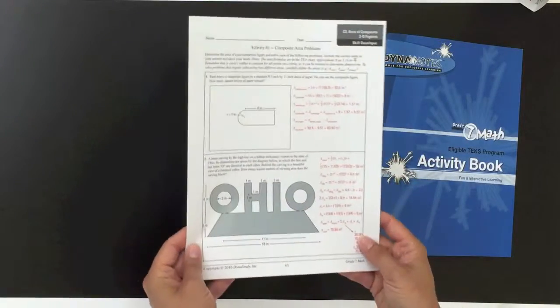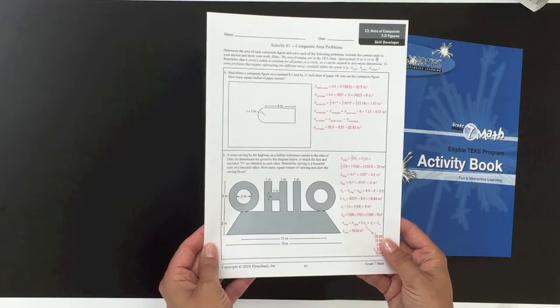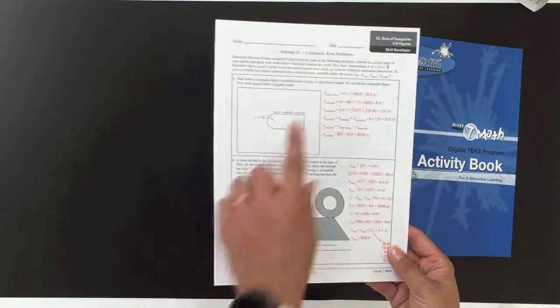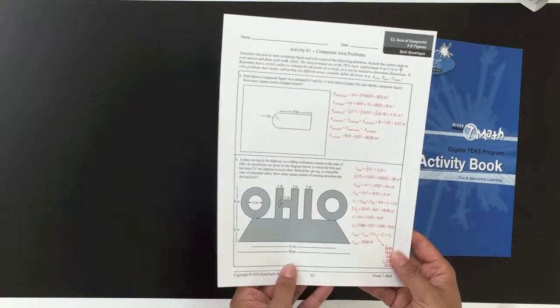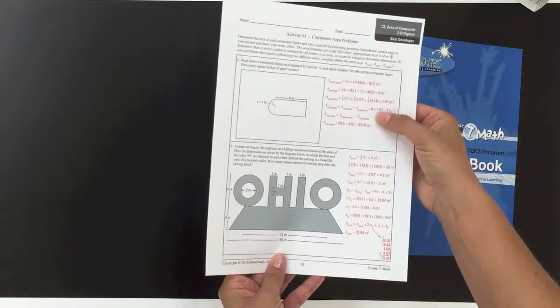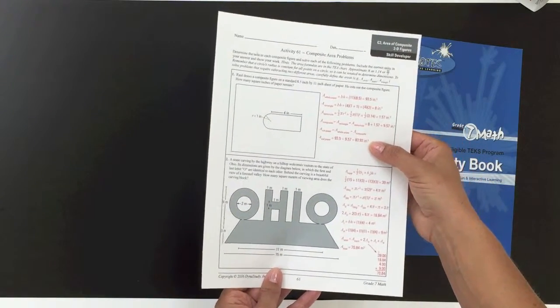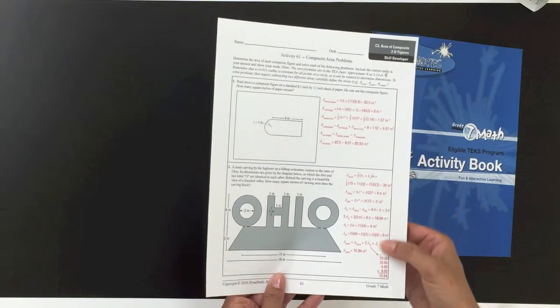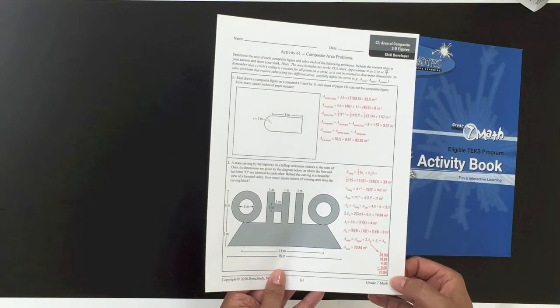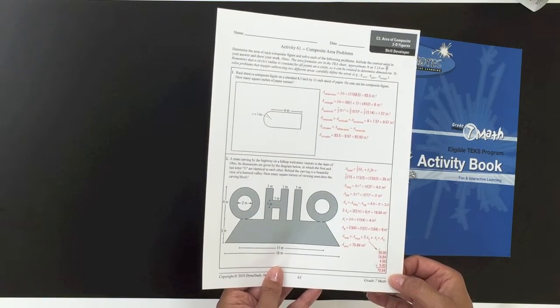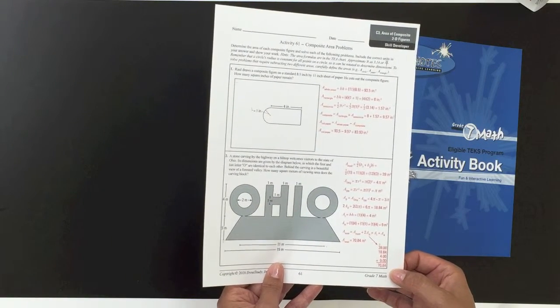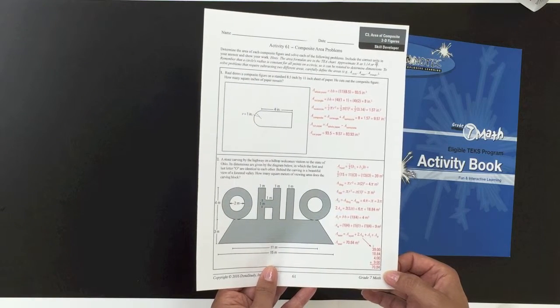You can also print it out, and this is an example of a printed out answer key page for activity 61, composite area problems. And in this case, you can see that the answer key works out the problem line by line with clarity so that the students can hopefully have a resource to help them figure out where they may have made a mistake or perhaps see another way to get to the right answer.